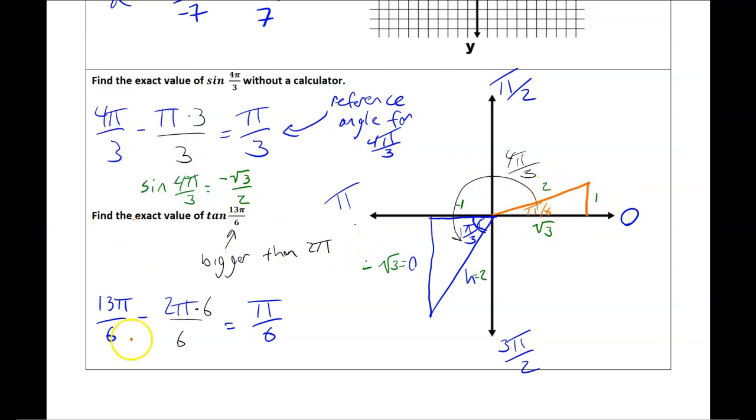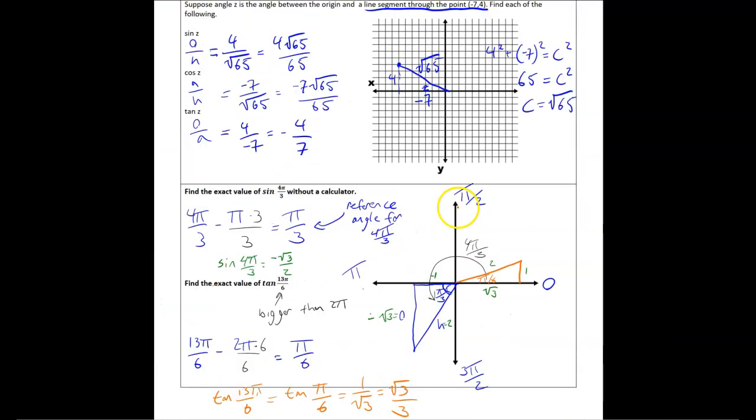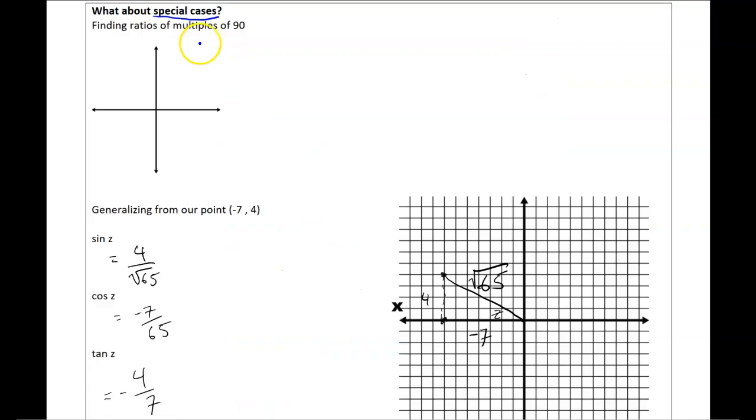Tangent of 13 pi over 6 is the same as tangent of pi over 6, which is opposite over adjacent, which is 1 over square root 3, or root 3 over 3. Okay? So now we can evaluate not only values bigger than pi over 3, but we can evaluate values bigger than 2 pi.